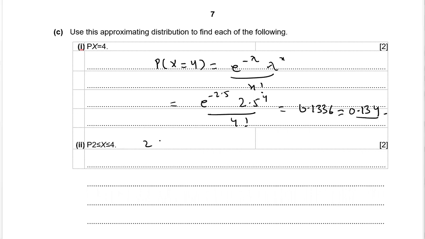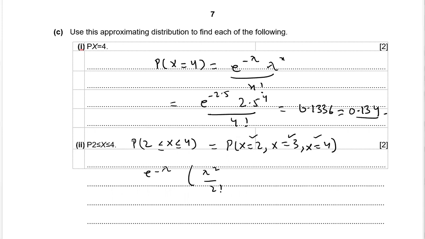Similarly, for the values between 2, so it means that there are 3 values, x equals to 2, 3, x equals to 4. We have calculated this for the other 2's are left. So it would be E minus lambda bracket lambda upon 2 plus lambda 3 upon 3 and lambda 4 upon 4. And finally, we are getting a value of 0.60.